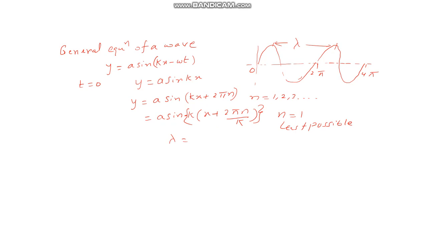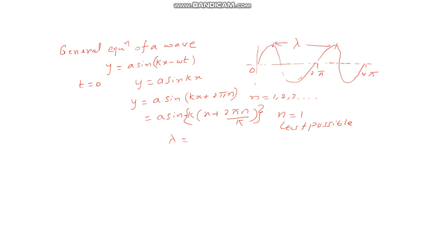So here in this expression, we can say that when you put n is equal to 1, the displacement is getting repeated. Y is equal to a sine kx. Let us say you take the peak displacement, then the next peak displacement you are getting after 2 pi. So if this is n is equal to 1, then this is n is equal to 2.